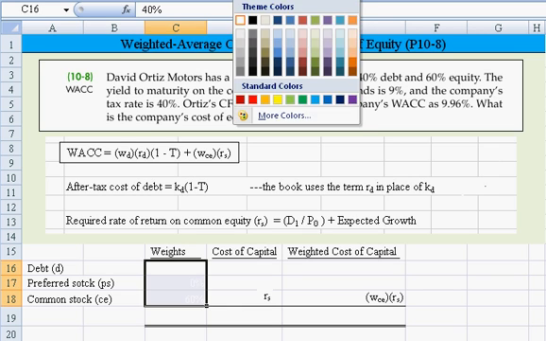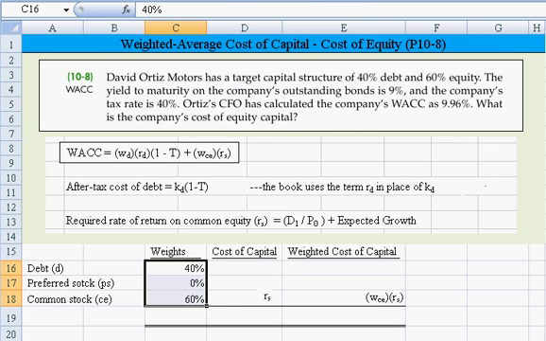I think this is the font color, right? We know that debt is 40%. There's no preferred stock, and I see I have this spelled incorrectly. Let me fix that. We really could leave this row off entirely, but I'll leave it at 0%, and common stock is at 60%. Then they tell us we have to calculate the cost of capital on debt.